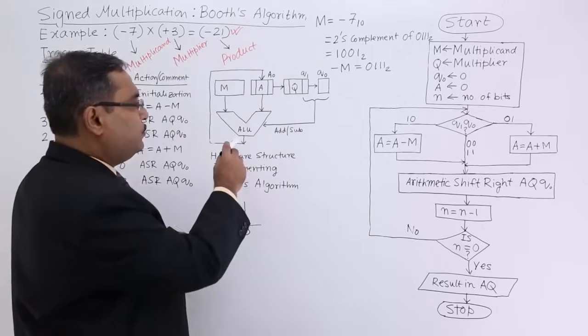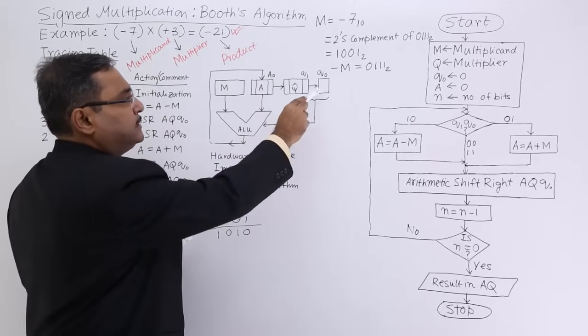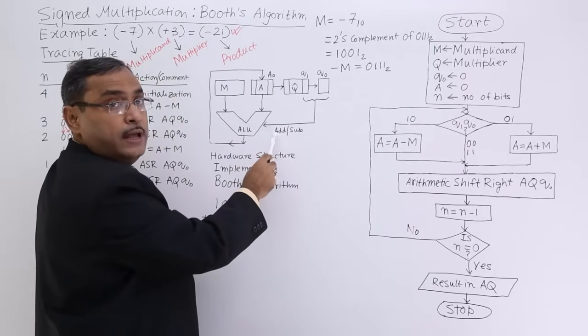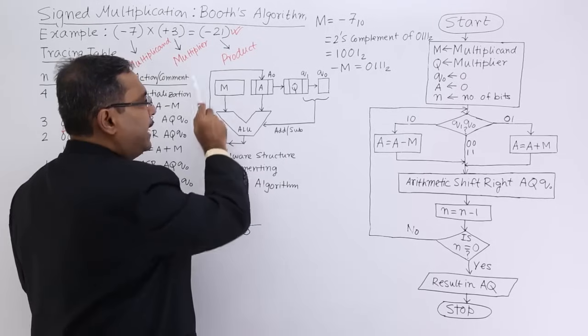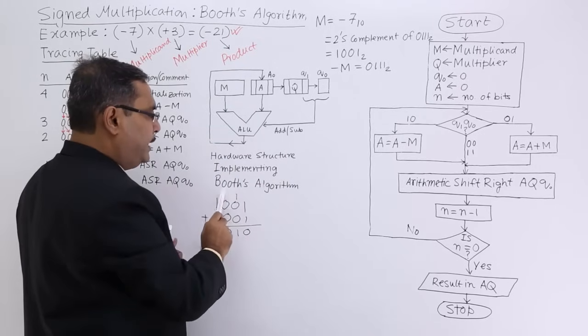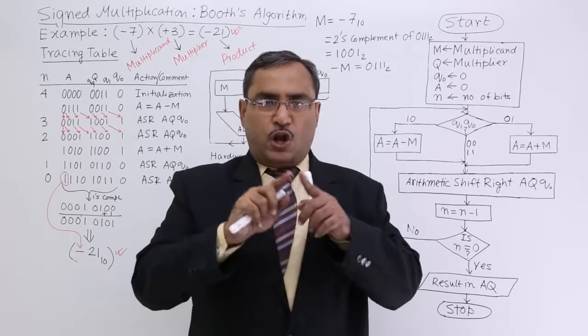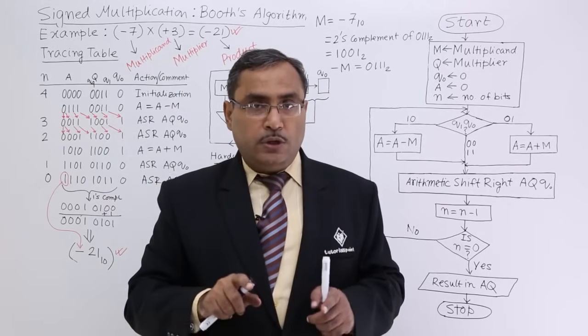So the ALU is there for these arithmetic and logical operations. And here this Q1 Q0 will decide whether I shall be going for addition or subtraction. So this is a very suitable diagram, a hardware structure implementing Booth's algorithm. It is depicting the logical flow of this particular flowchart in hardware form.